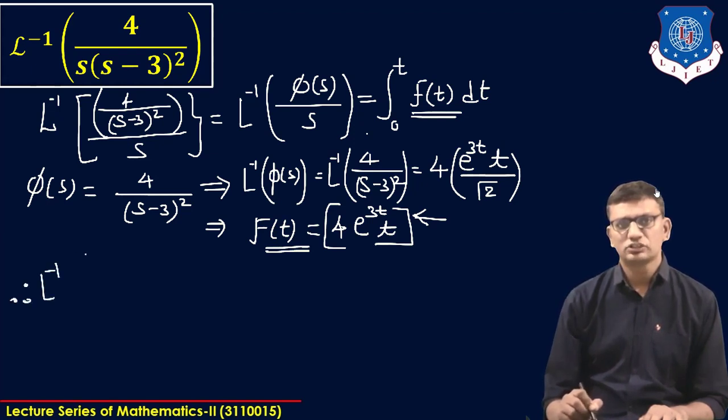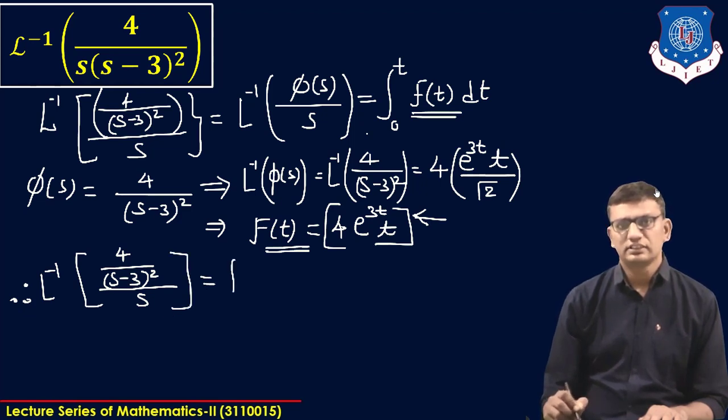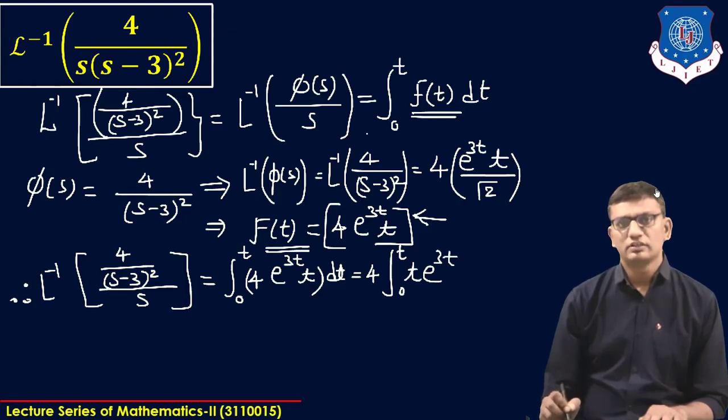Therefore, L inverse of 4 upon (s minus 3) whole square divided by s can be written as the integration from 0 to t of 4 e raised to 3t into t dt. Now 4 comes outside, and we have the integration from 0 to t of t e raised to 3t, and now we apply the integration by parts formula.